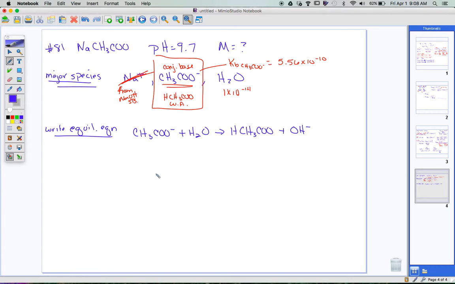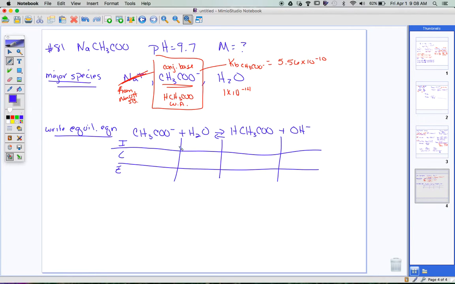So this is kind of your equilibrium. This is your ice table, if you will. Ooh, not drawing very straight lines. All right, we don't care about the water. Remember, it's a pure liquid.